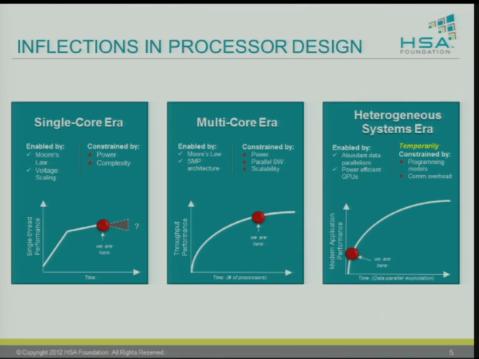The multi-core era served us for a few years as we added more CPUs to each SoC. However, this has also hit a power wall, both in terms of scalability, availability of parallel software in the client world, and again, this trade-off of power versus performance.